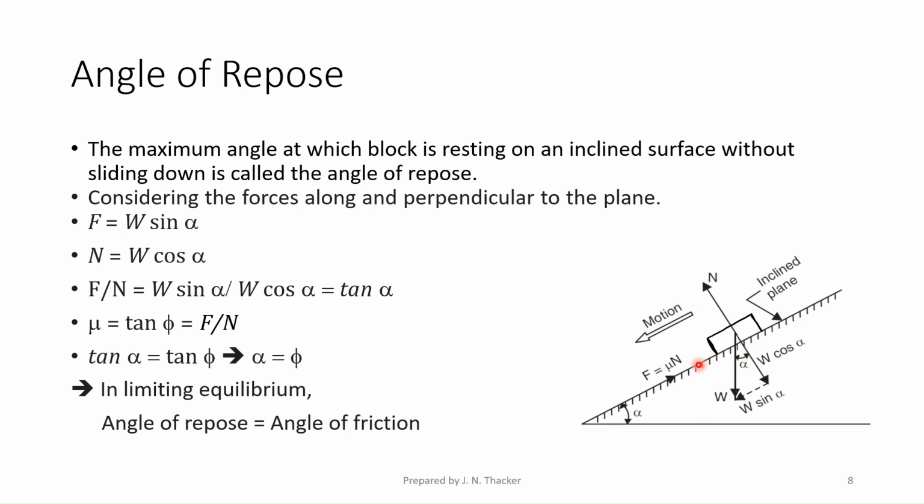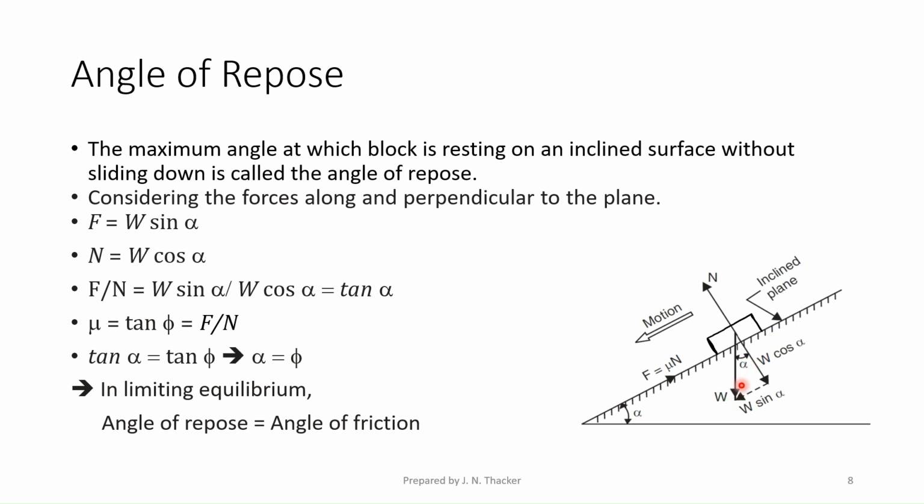So if the surface is in this direction, N is normal to that. Then what is the direction of motion? It is downwards due to gravity. So what will be the direction of friction? It will be upwards, against the motion. So this is your force F working upwards, stopping the motion.